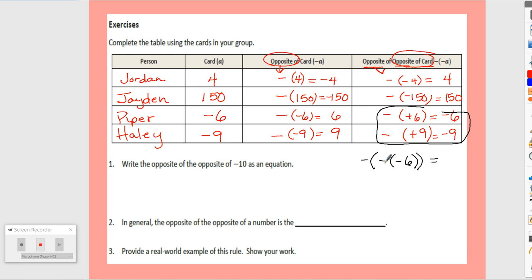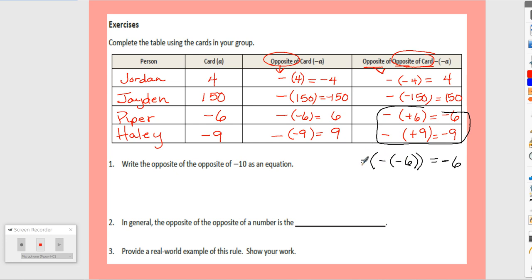So there's where we have our 3 negative signs. And when we have 3 negative signs, an odd number of negatives is going to stay a negative, which is where we started. So the same thing with this 9, same exact thing. We would have 3 negative signs because we would have a -9, the opposite of it, and then the opposite of that.